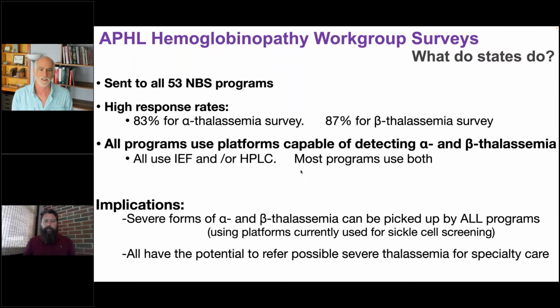The implication is severe forms of alpha and beta thalassemia can be picked up by all programs in the United States using the platforms currently used for sickle cell screening. So everyone has the potential to refer possible severe thalassemia for follow-up and specialty care.